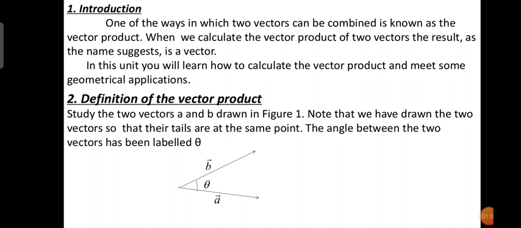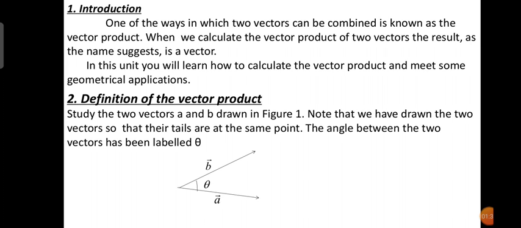A vector has magnitude and direction, so we get another vector with magnitude and direction. For a scalar product, the result is a scalar, with only magnitude and no direction. But if we combine two vectors, we get a vector.